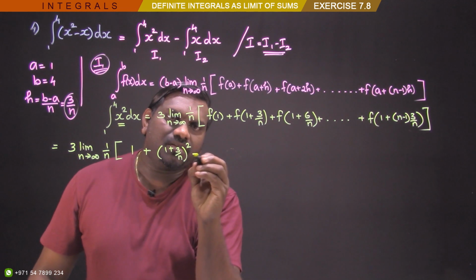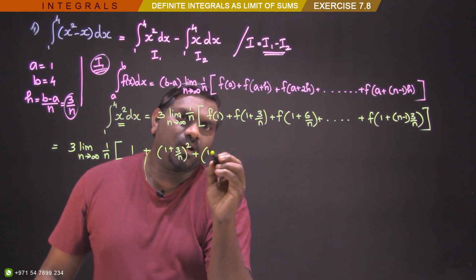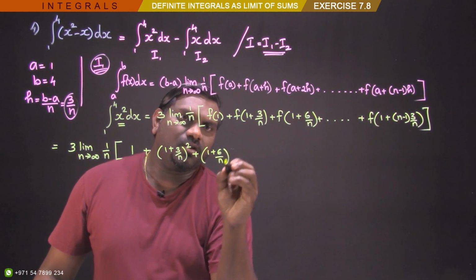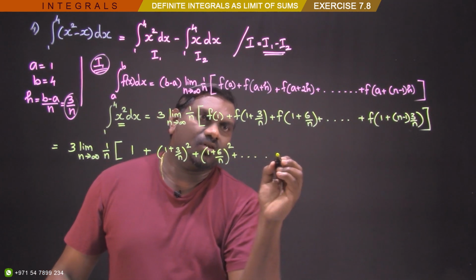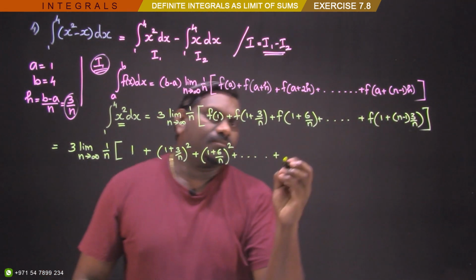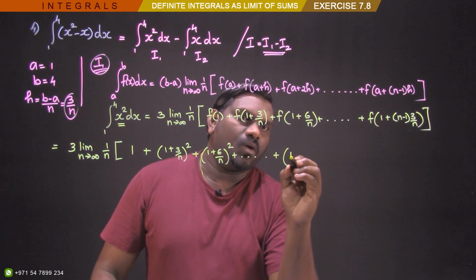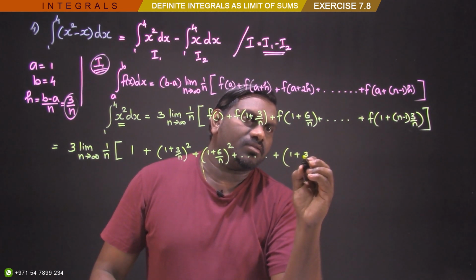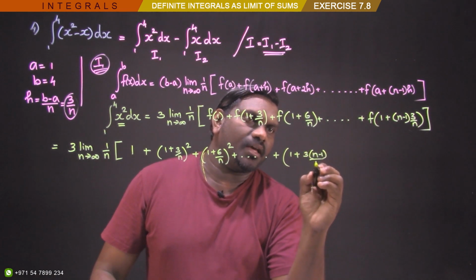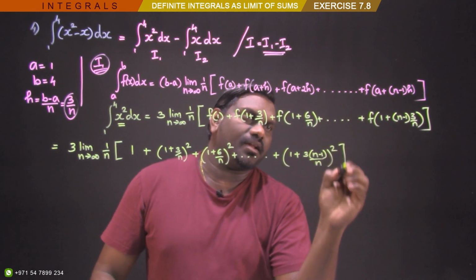Then the next term will be 1 plus 6 by n the whole square, and this goes on, until 1 plus 3 times n minus 1 by n the whole square. Can I write like that?